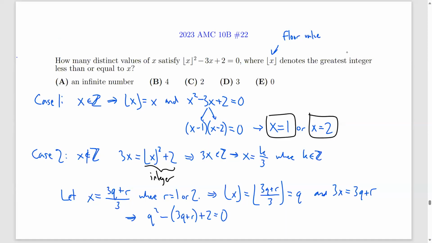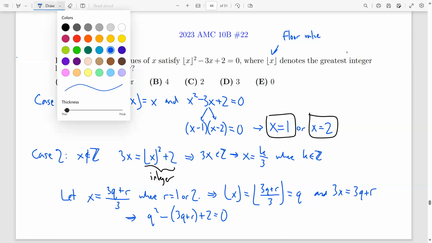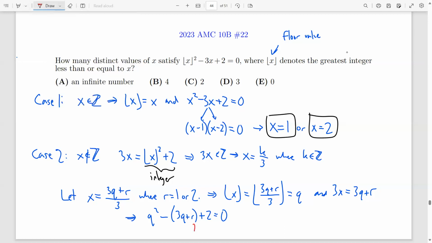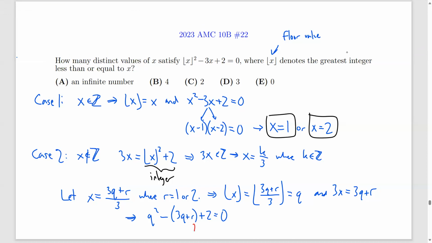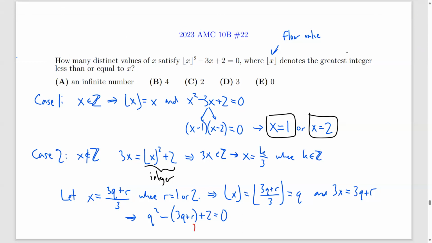So if r is equal to 1, then we obtain q squared minus 3q minus 1 plus 2, which is the same as q squared minus 3q plus 1.